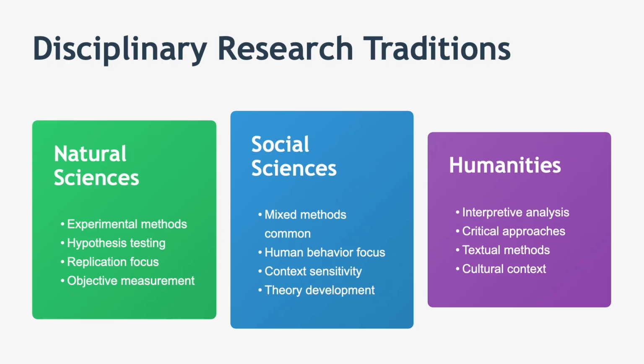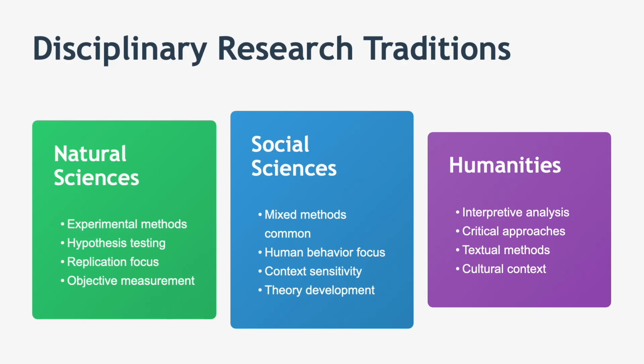Social scientists have developed sophisticated ways to study phenomena that can't be brought into a laboratory, using surveys, interviews, observations, and increasingly sophisticated computational methods. The humanities, in purple, bring interpretive analysis, critical approaches, and textual methods to bear on questions of meaning, culture, and human expression, recognizing that not everything valuable can be measured or quantified.